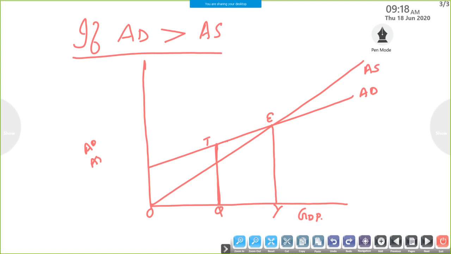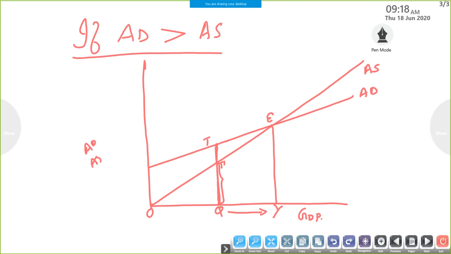So AD is TQ and AS is T dash Q. How can the economy restore the equilibrium level? When producers increase their production, the economy's output will increase. As a result, national income tends to rise.